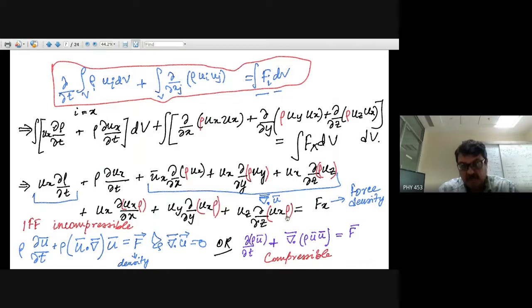And if it is incompressible flow, then you will get a simpler equation, which is rho del u del t plus rho u dot grad, so this is an operator acting on u, equal to force density. And you also have divergence u equal to 0, which denotes incompressible flow.